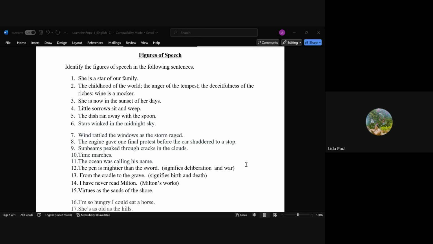Deliberation is directly substituted with the pen, and war is directly substituted with sword. So metonymy is direct substitution, like the example you had in the lecture, right? The Kiwis played well in the cricket. So Kiwis standing in for the cricket team for New Zealand. Isn't that right? So this is the case of metonymy.